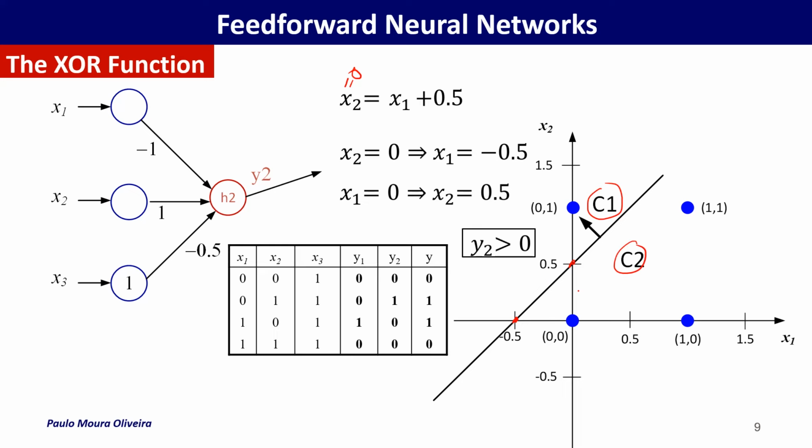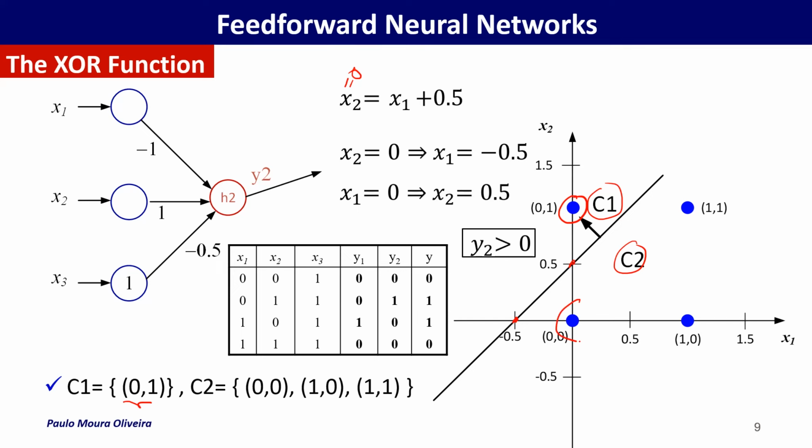If we look again at the table or the figure, we can see that the first class just has this sample here, 0 1, and the second class has 3 points, 0 0, 1 0, and 1 1.